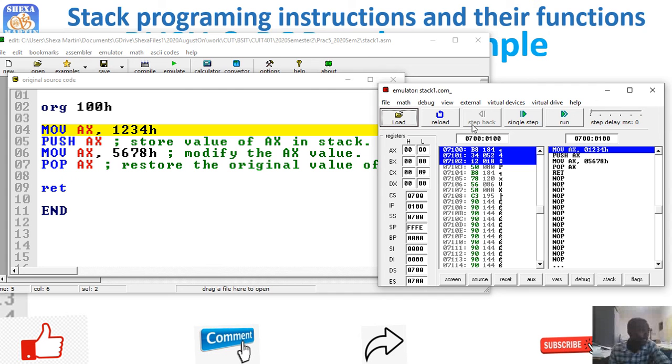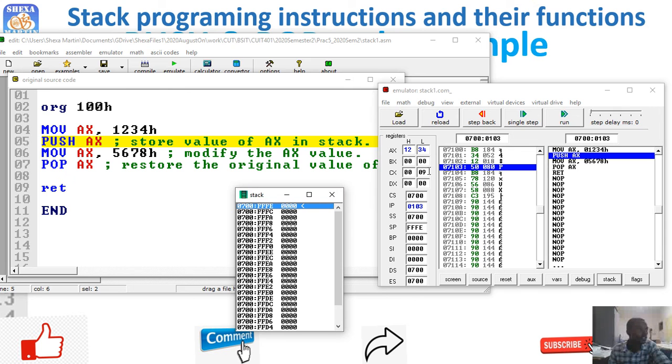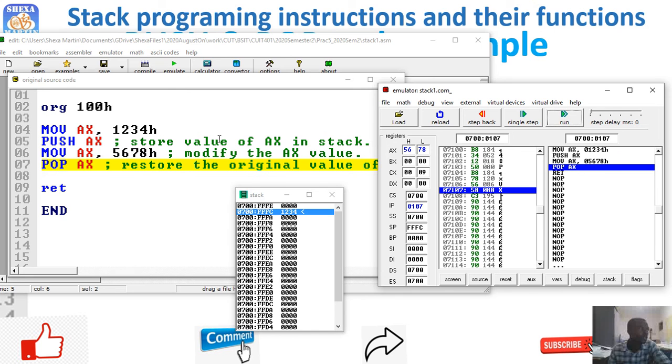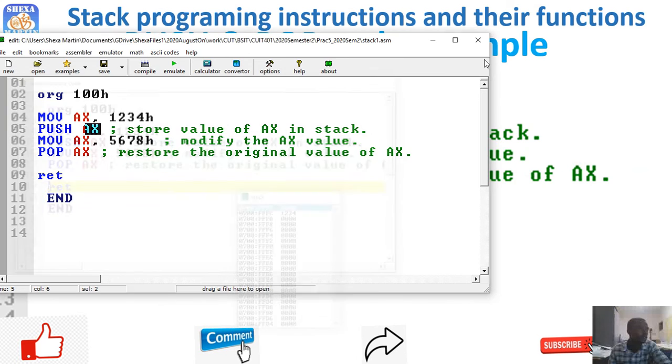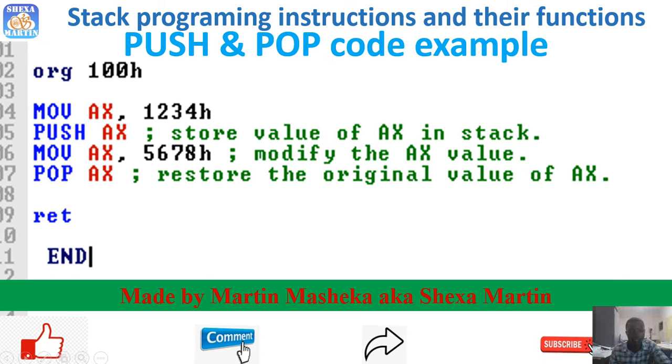AX shall have 1234, yes, and then our stack shall have 1234 at the top of the stack, yes, that's fine. Then AX shall have 5678, okay, yes, it's having that. And then our AX shall have 1234, which is the value at the top of the stack, yes, that's it, we are done. And then we move to the next.